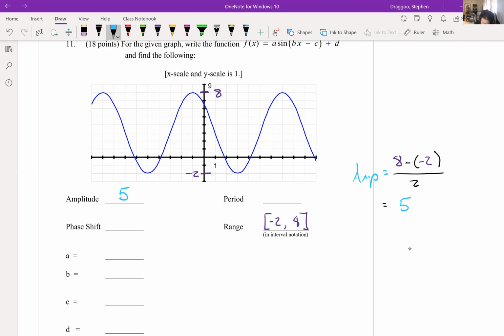The vertical shift, what color did I use for vertical shift? Man, it's been a minute. Might have been green. Man, this is ages ago. All right, vertical shift. This one is going to be 8 plus -2 all over 2, which works out to 3.